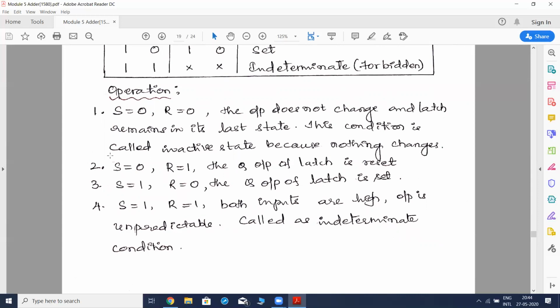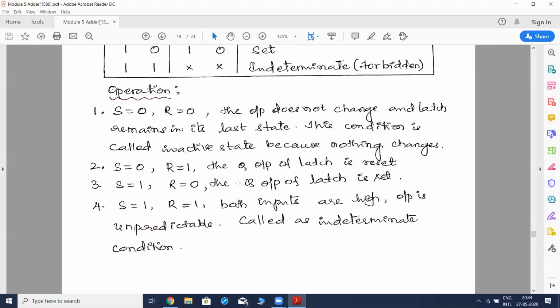It remains in the previous state. Now the second condition: when S is 0, R is equal to 1, we got Q as 0. That is called reset. The output of the latch is said to be reset because we are getting Q as 0. When S is 1 and R is 0, we got Q as 1.